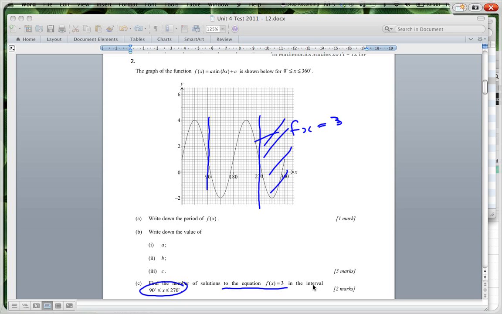We're not interested in this over here. We're just interested in that section there. So I draw a line, f of x is equal to 3, that line going through the 3 on the y-axis. And we see how many times it crosses over. It crosses over once, twice.